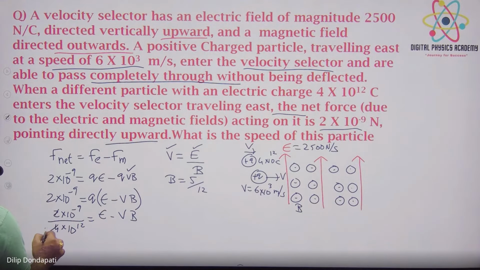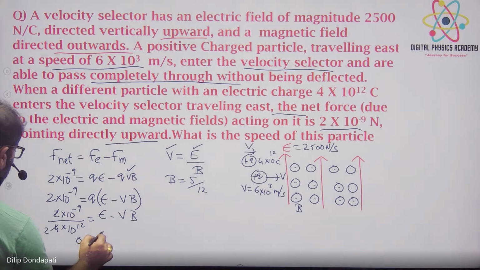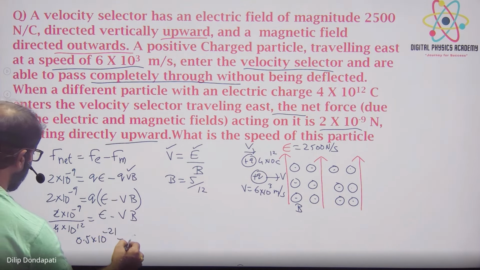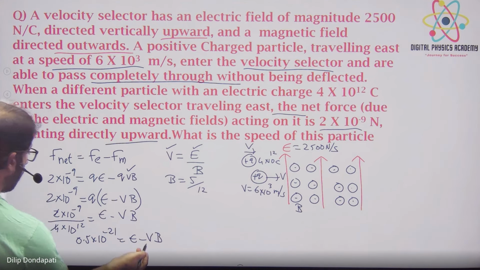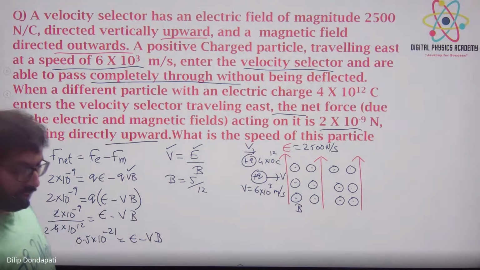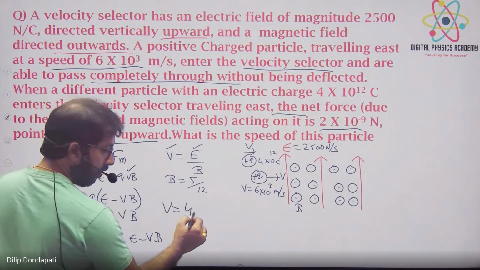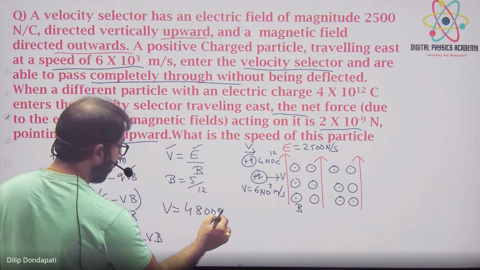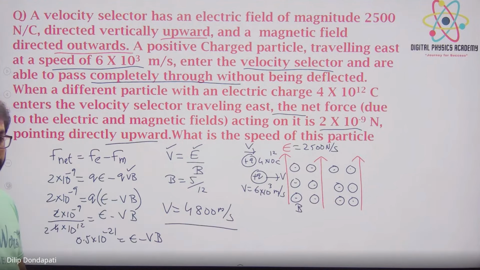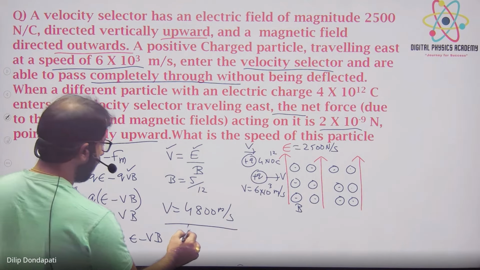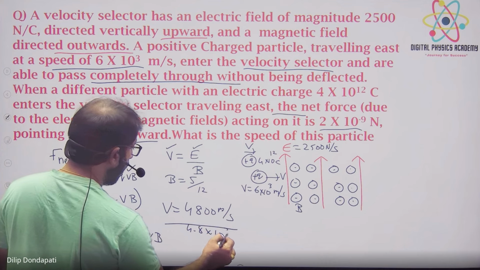So 0.5 × 10^3 equals E minus vB. Now bring this to the other side and subtract. Finally we'll get the answer: 4,800 meters per second, or 4.8 × 10^3 in scientific notation.